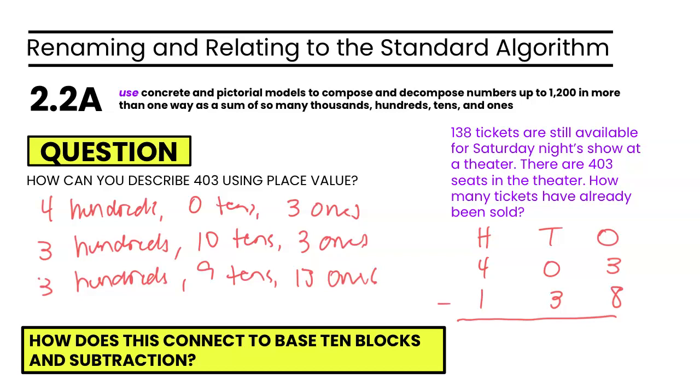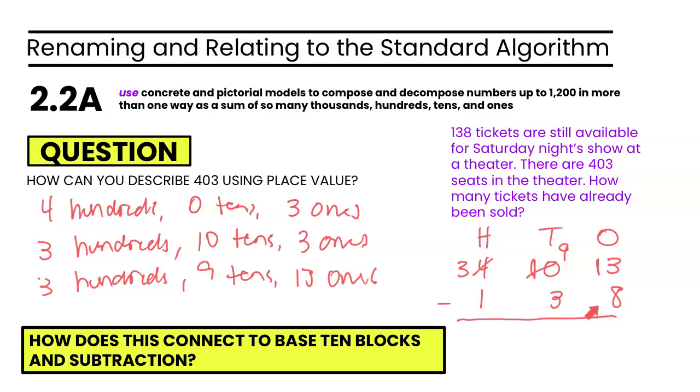And so what we notice here is that we're actually going to have to borrow from the hundreds place and reduce that by 1 so that we can put a 10 in the tens place. However, we still need to get over into the ones place. And so we're going to have to borrow one of those tens and make that a 9 so that we can have 13 ones instead of just 3.